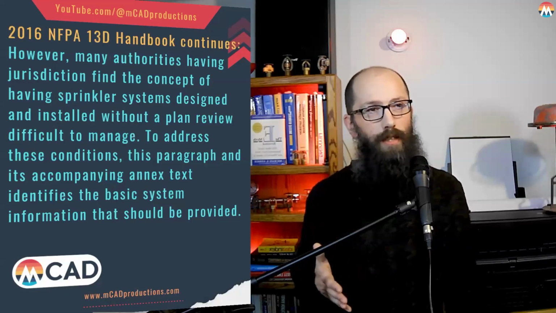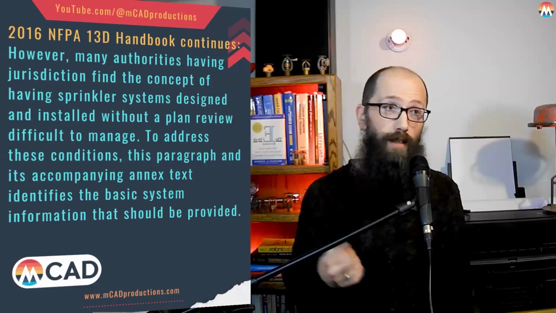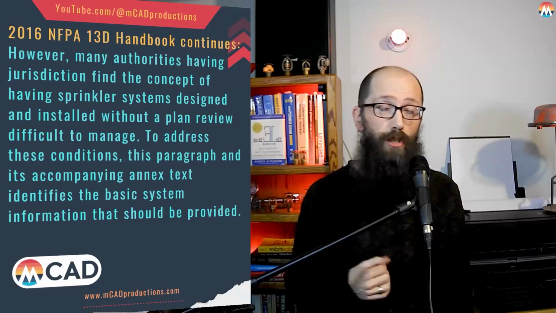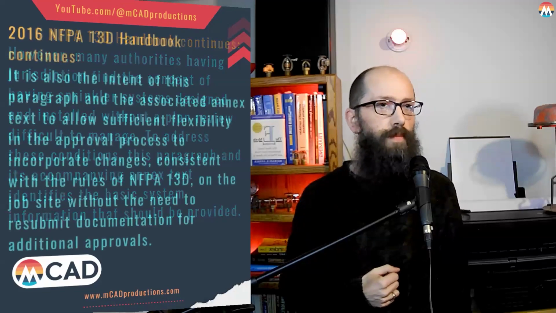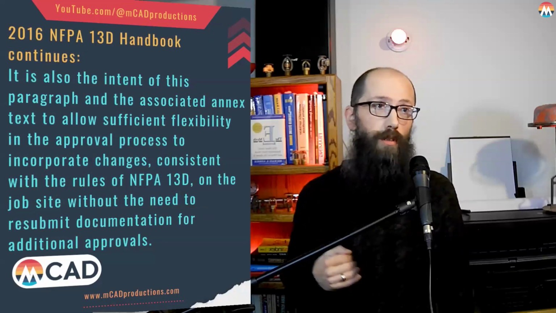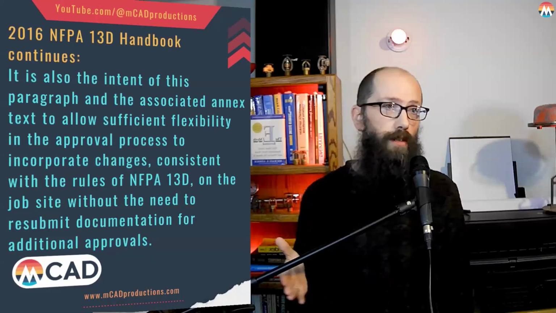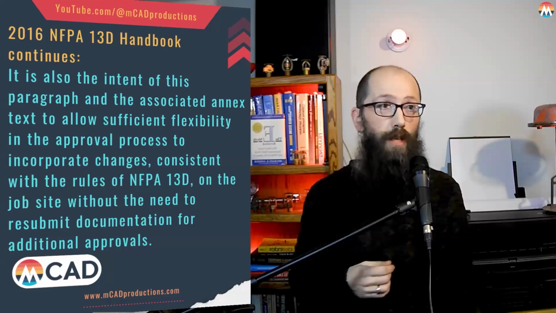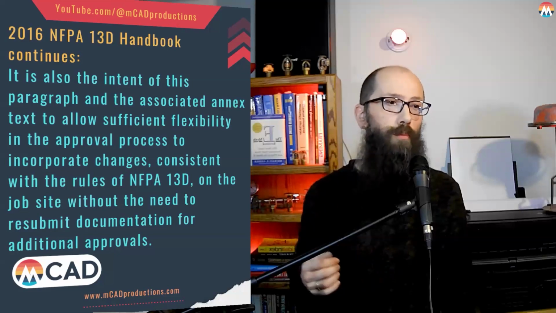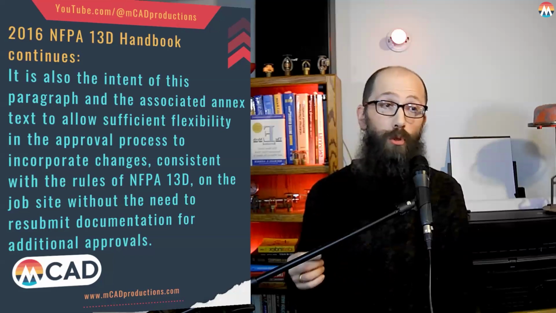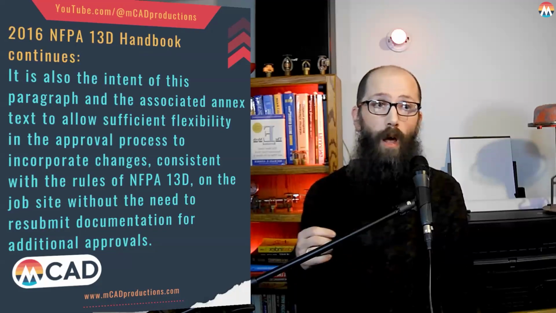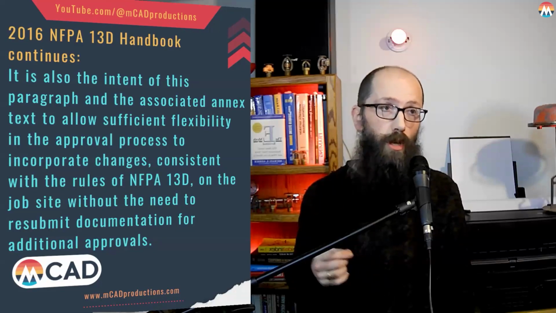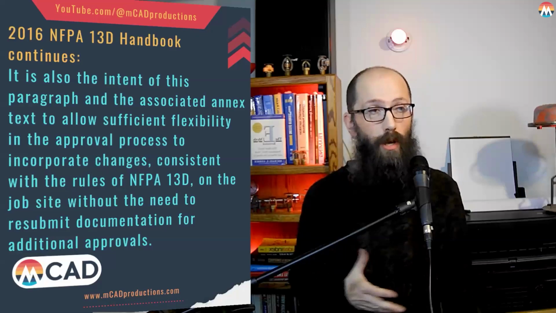To address these conditions, this paragraph and its accompanying annex text identifies the basic system information that should be provided. It is also the intent of this paragraph and the associated annex text to allow sufficient flexibility in the approval process to incorporate changes consistent with the rules of NFPA 13D on the job site without the need to resubmit documentation for additional approvals.